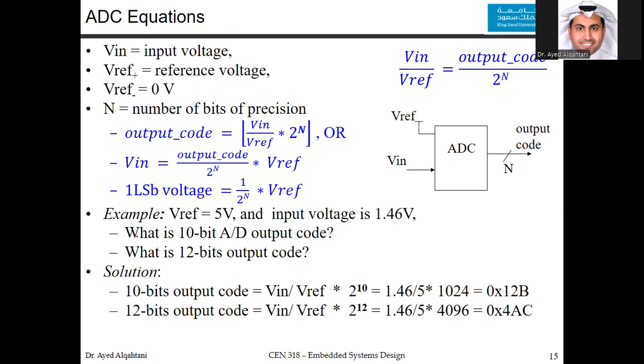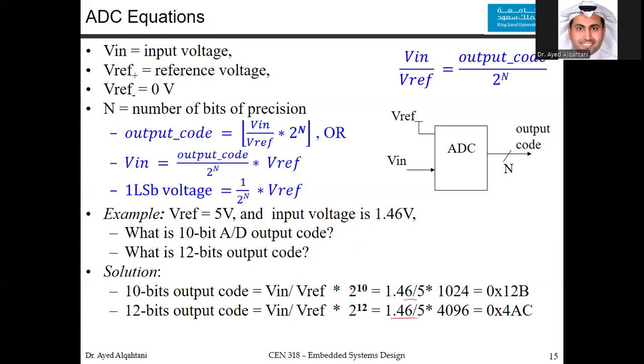If you are asked to find the 10-bit analog to digital output code and the 12-bit output code as well, then for the 10 bits, you take the ratio, which is the Vin divided by the Vref, and we know that's 1.46 divided by 5 in both of them, in the 10 bits and the 12.